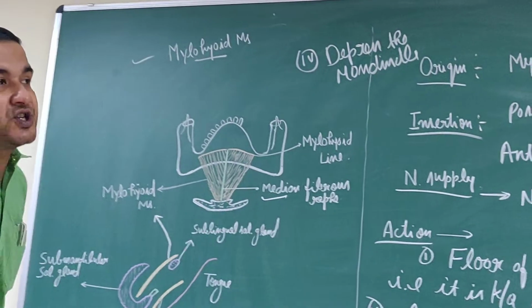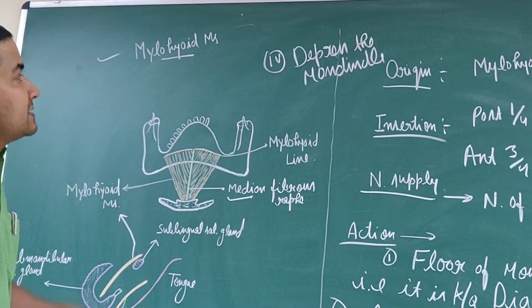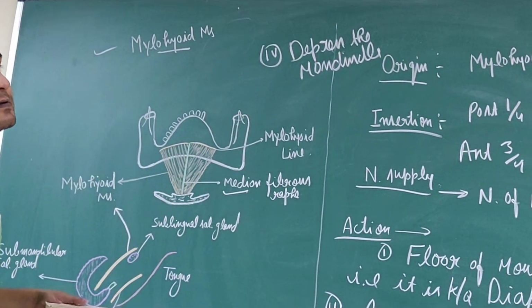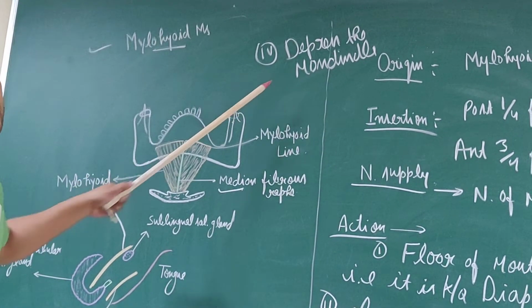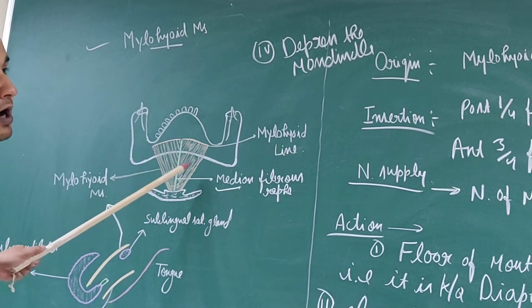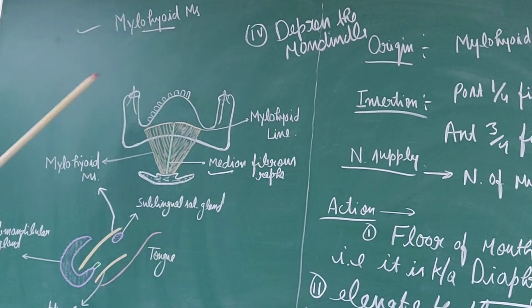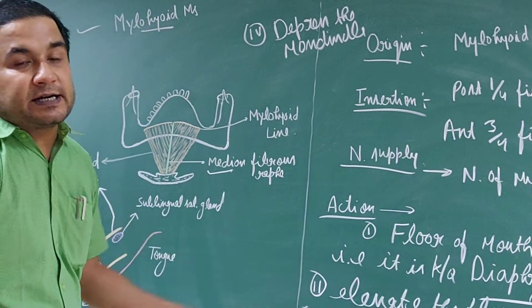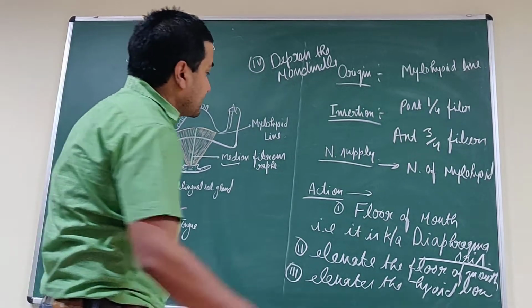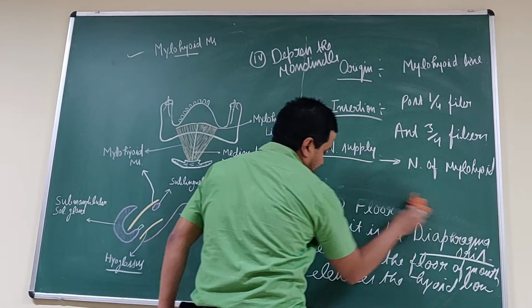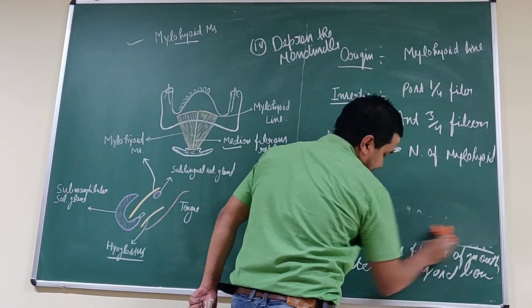Along with the digastric and the geniohyoid muscles, it depresses the mandible and assists the lateral pterygoid muscles to open the mouth against resistance. So these are the important functions. And it is also known as the diaphragma oris, because the tongue rests on its superior surface.